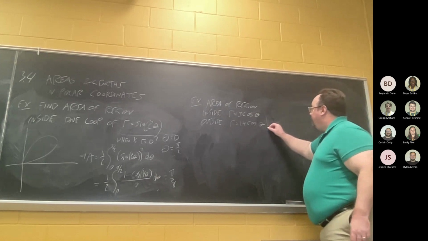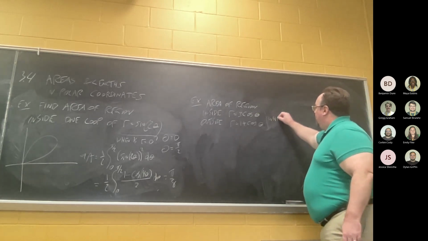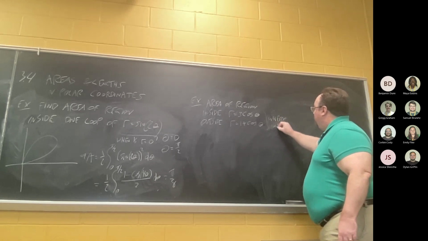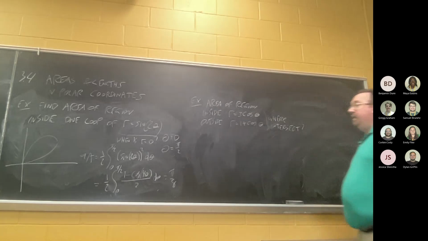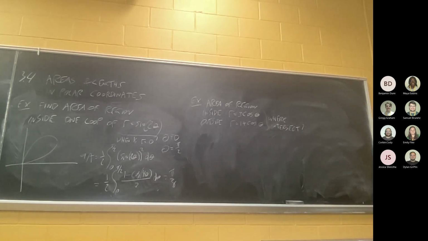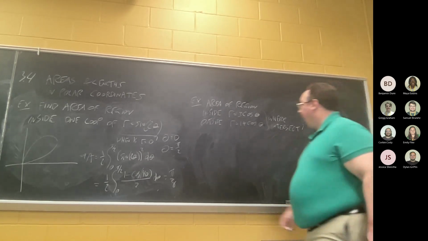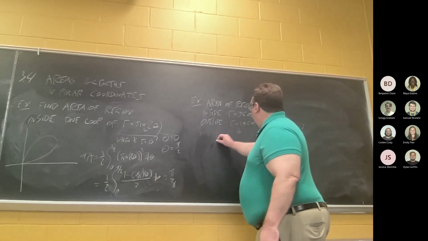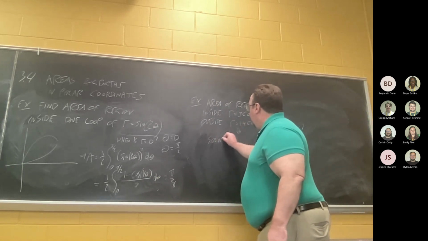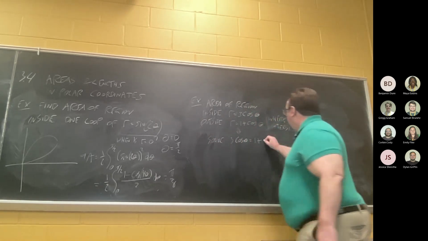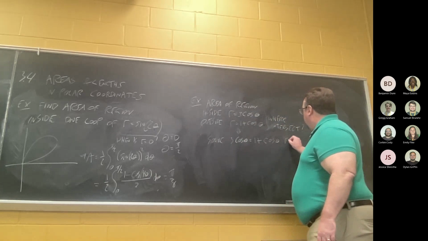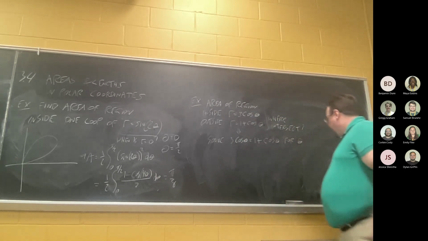So the question to ask is, where do these 2 curves intersect? You set them equal to each other and find the theta values. So you solve this equation, 3 cosine theta equals 1 plus cosine theta, for theta.